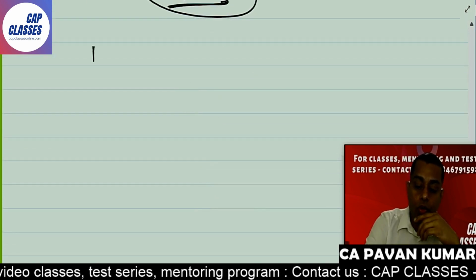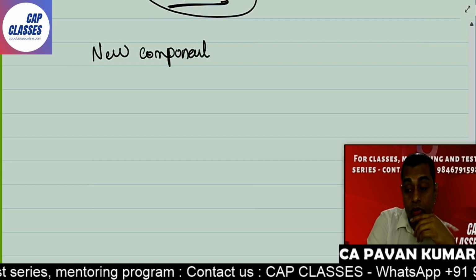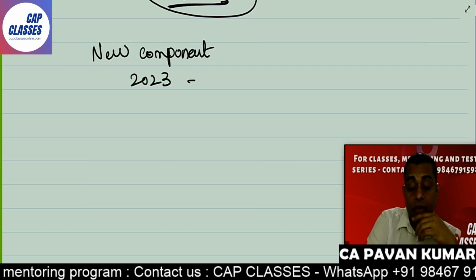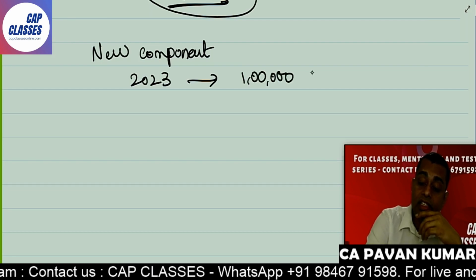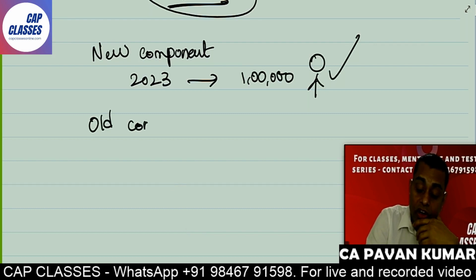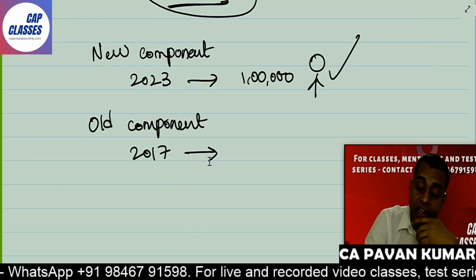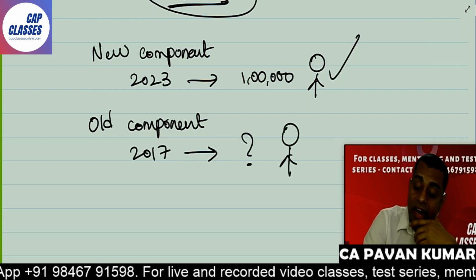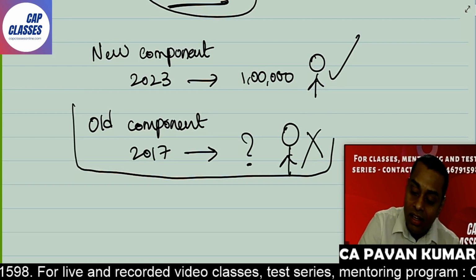So new component, we are in say 2023, 1 lakh. This I know. Old component I bought in 2017. How much? I don't know. And I don't want this.